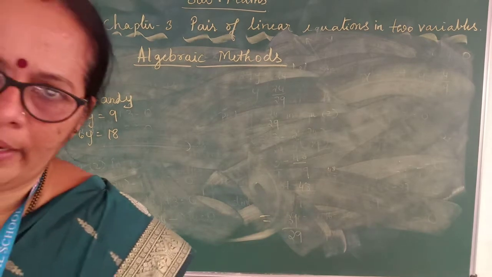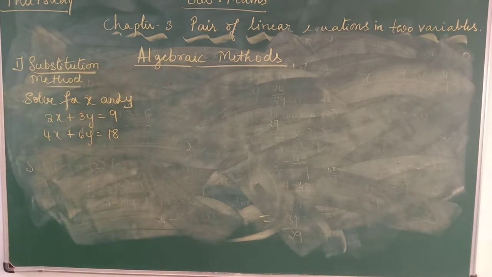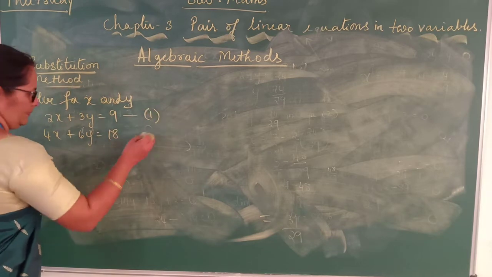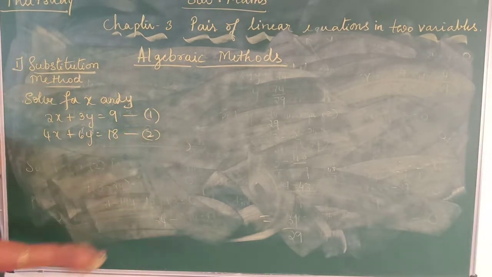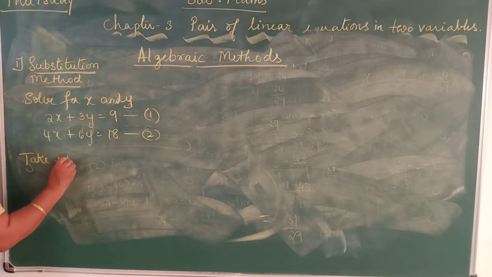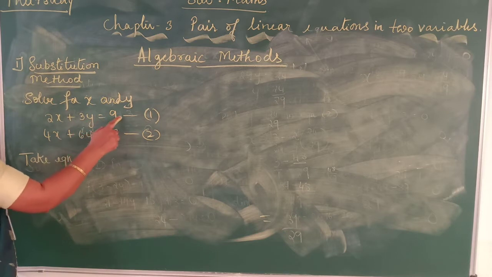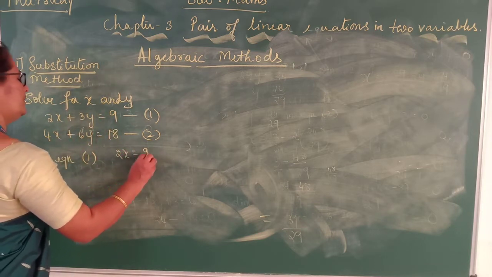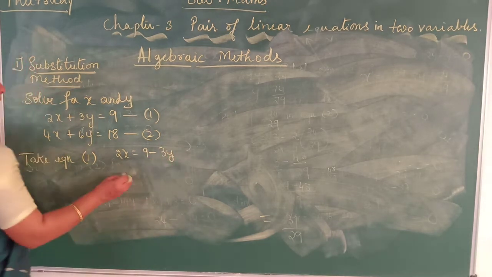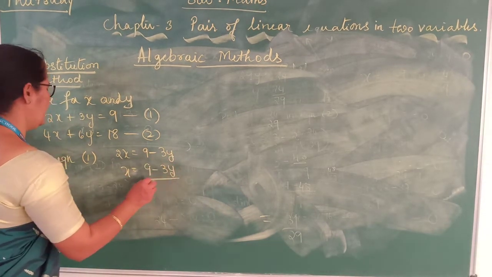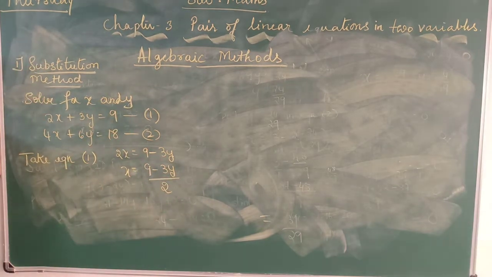Now we have to find the x and y values. Take equation 1, 2x plus 3y equals 9. So 2x equals 9 minus 3y, so x equals (9 minus 3y) by 2.